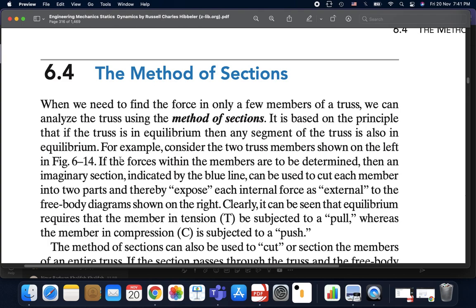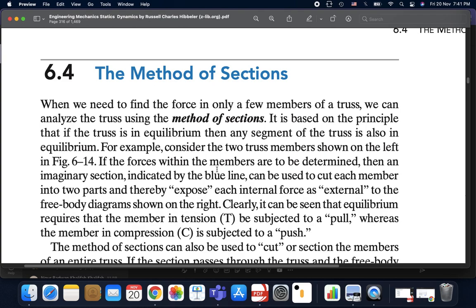But now, in this method, the method of sections, sometimes we need to find forces in a few members. So the number of members that we need to find the forces in is relatively small as compared to the whole number of members in this truss.